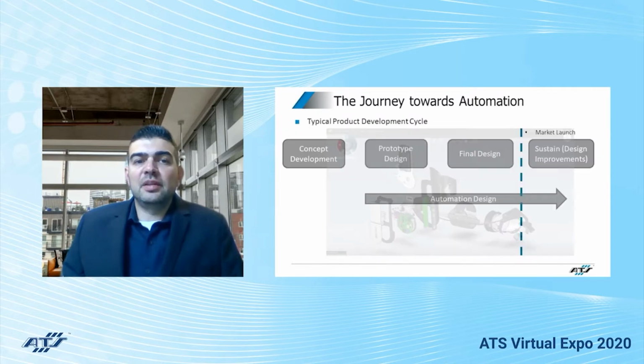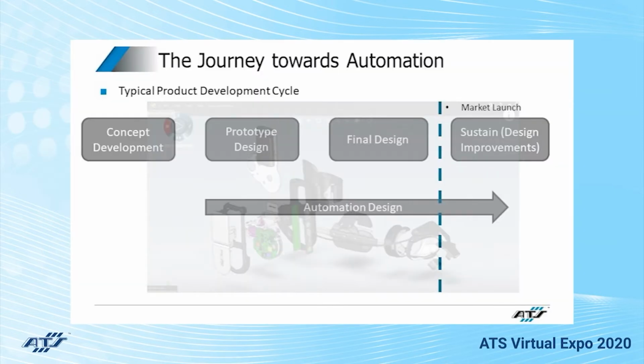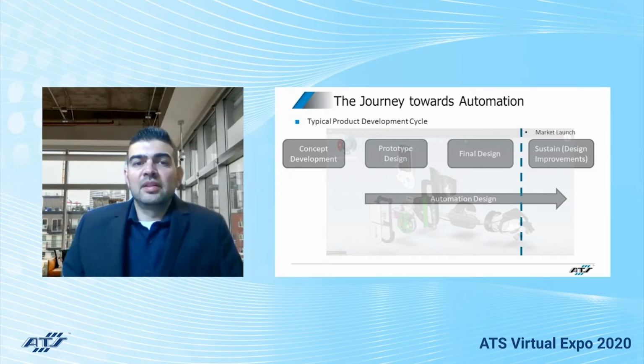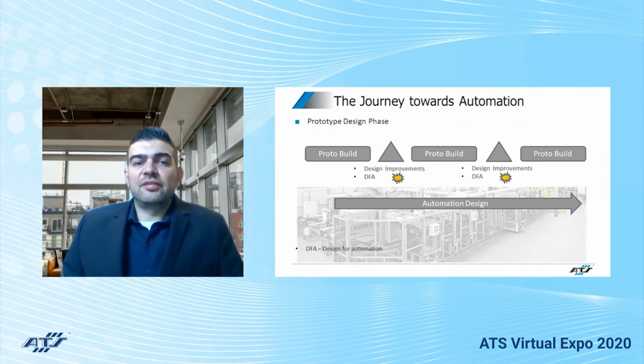If we look at a typical product development cycle, we find the following phases: concept development, prototype design, final design, and post-market launch, a sustainment phase. If automation is needed right at the gate, the automation design cycle should start around the time when the prototype design begins. Within the prototype design phase, there are several prototype builds.